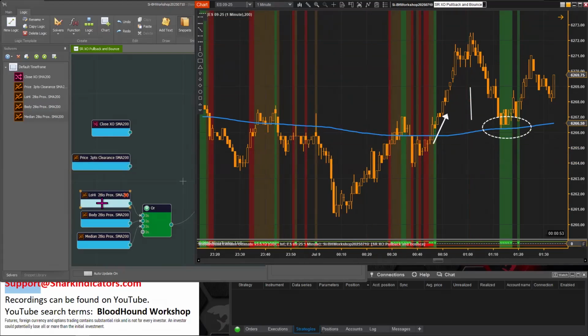So again, all these values, you'll have to custom tailor them to match whatever instrument you're dealing with, the time frame, and your own decisions as to how closely price needs to pull back to your support resistance level as well.